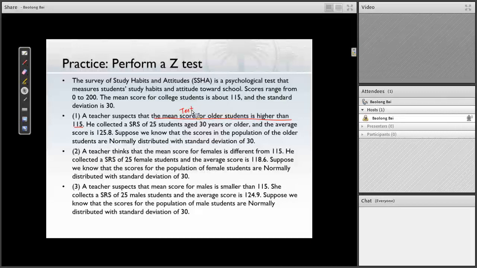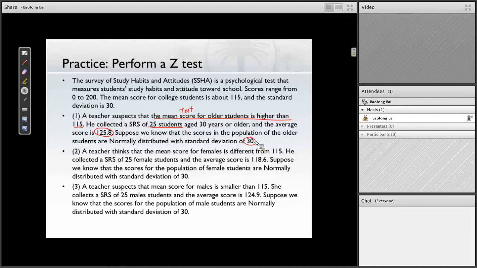So we need to identify this is not a confidence interval anymore, because we're not estimating, we're assessing. Then he collected a sample of 25 students, with ages 30 or older, and the average score is 125.8. And suppose we know the scores in the population of older students are normally distributed with a standard deviation of 30.